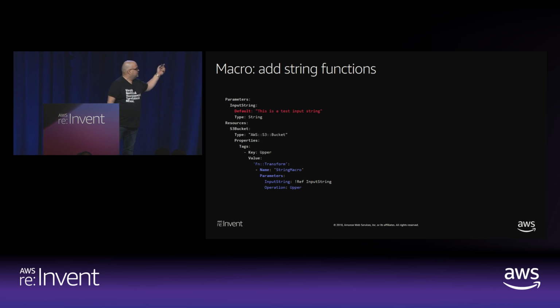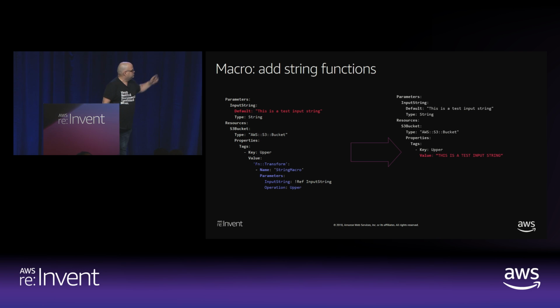In this case, the parameter is a parameter that is getting passed to our template. And I'm telling, take this little piece of text and apply an operation, in this case, upper. When this template gets transformed and translated, the resulting template, uppercase is the string.